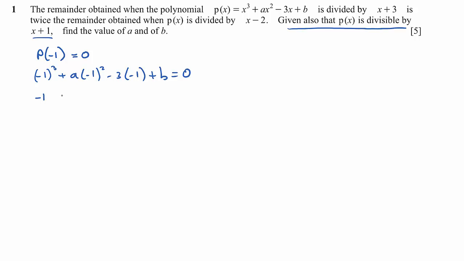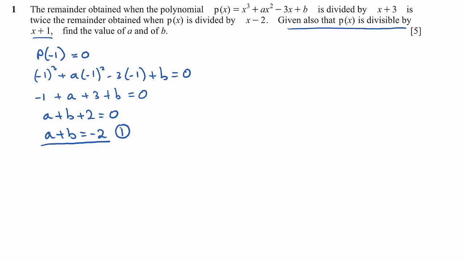So that's negative 1 plus a plus 3 plus b is equal to 0. So a plus b plus 2 is equal to 0, and therefore a plus b is equal to negative 2. And I'm going to call that equation 1.